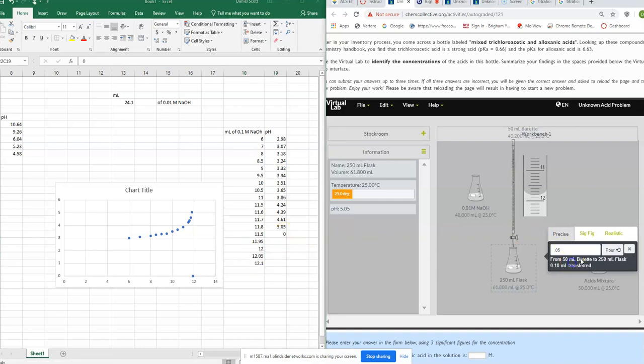Okay, so let's try it. Let's add 0.05, 5.58, .12. Wait a second.